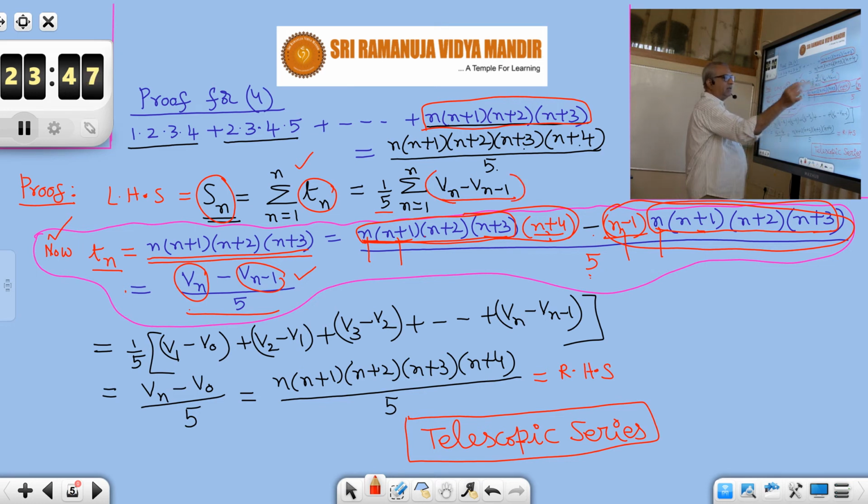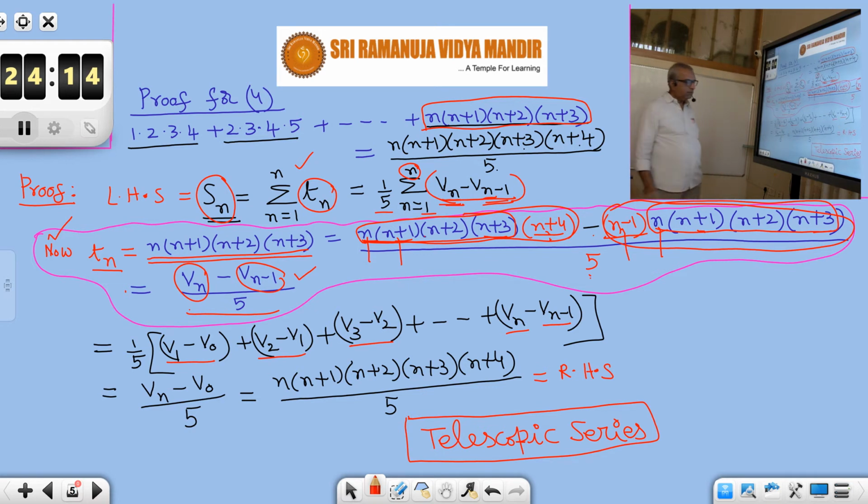Expand means n equal to 1, 2, 3, up to the last value n. So, I am giving n equal to 1. So, V1 minus V0. Next, n equal to 2, you get V2 minus V1. n equal to 3, you get V3 minus V2. So on, what is the last value? n equal to n means last bracket will be Vn minus Vn minus 1 only.